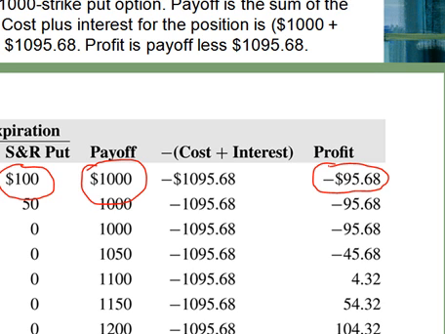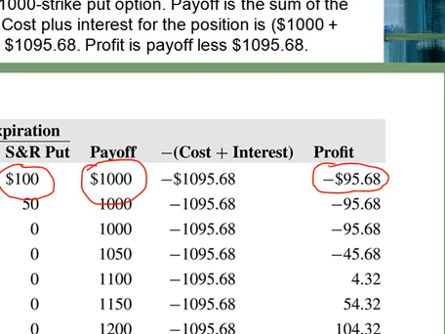It's not a guarantee that you will never lose money, but it puts a limit on your losses, and that's the purpose of this instrument. The truth is that with this position, even though the table doesn't show it, it wouldn't matter how low the S&R index ends up going. It could go down to $500.